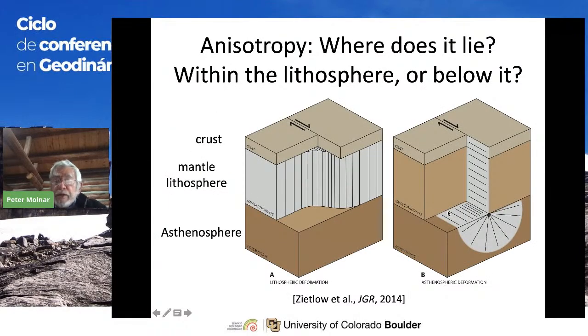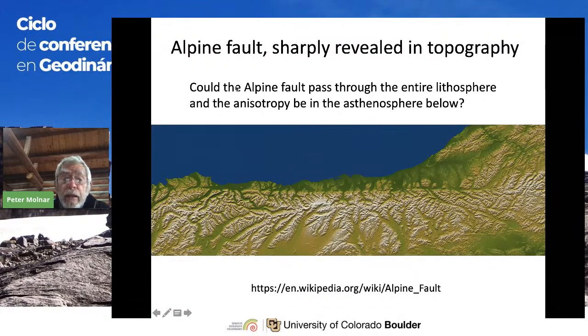Okay, well, let's ask a different question. Maybe all of what I've told you is wrong, and the anisotropy is not in the mantle lithosphere, but actually lies in the asthenosphere, down here. The anisotropy is down here, and this will explain both the orientations and the wide distribution. This is a possibility. To get at this, we're going to use P waves, but asking this question in a different way: could the Alpine Fault pass through the entire lithosphere as a fault?